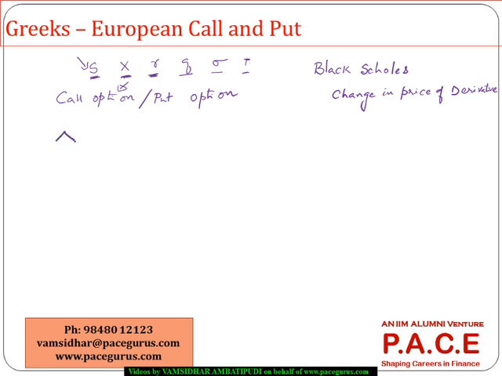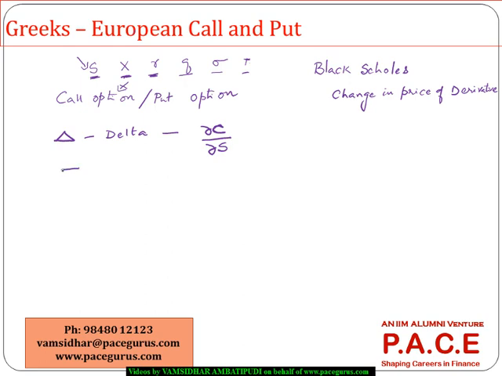Initially we have a few important Greeks like delta, which talks about the rate of change in the value of a call option or a put option with respect to the change in the underlying spot price. So this is what we call delta.